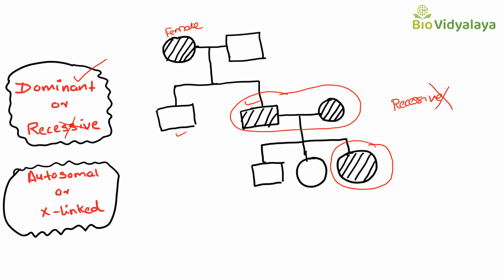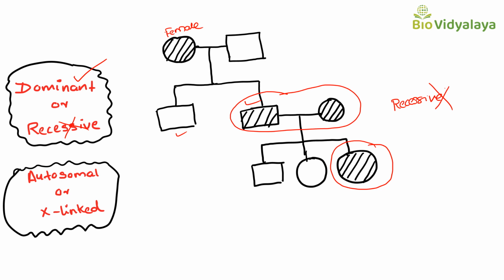So you know that if it is X-linked dominant, from the affected father, one X chromosome will go to every female offspring. So every female should be affected. We know that one X chromosome is coming from father to his daughter and one X chromosome is coming from mother to her daughter, isn't it?